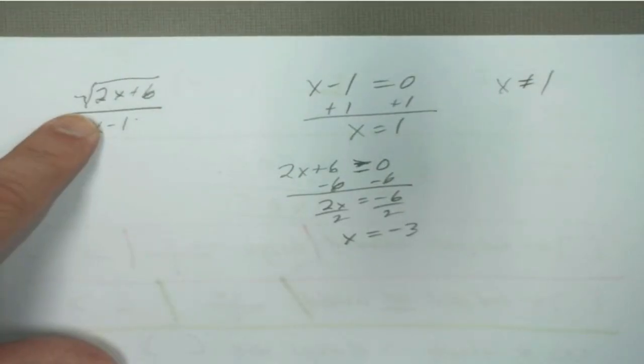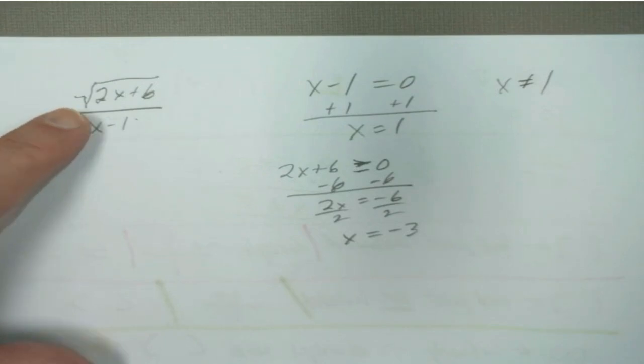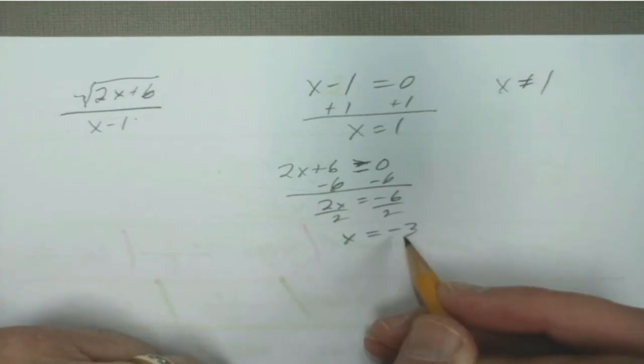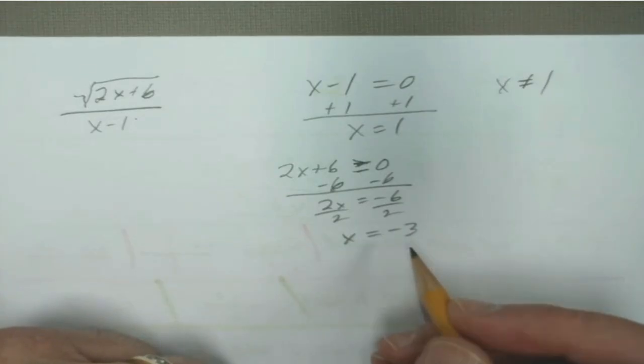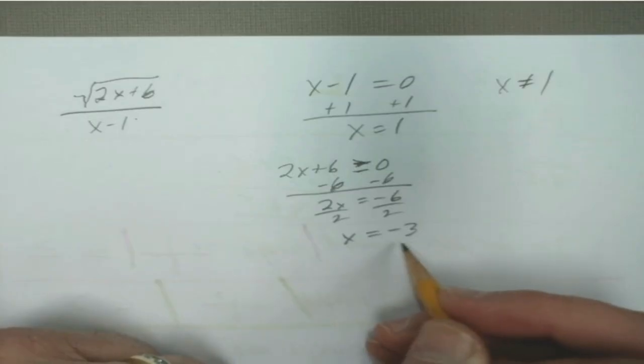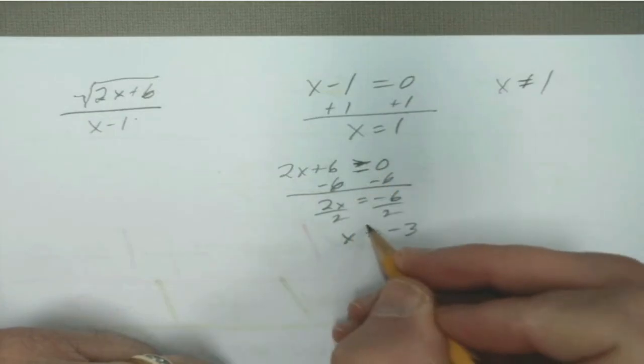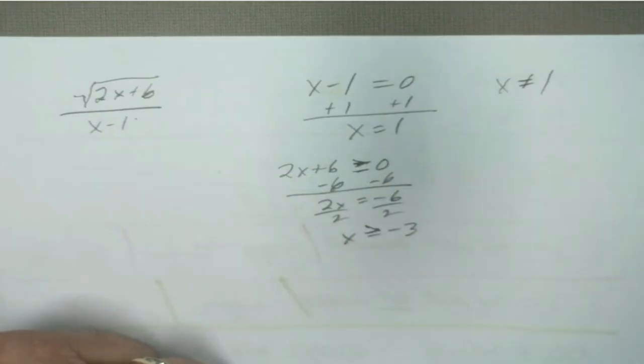And that's okay. It's okay for it to be 0, but we can't let it be smaller than 0. So would negative 2 be okay? Would negative 4 be okay? Which way do we need to go? Well, in this case, greater than or equal to. It's got to be at least negative 3.